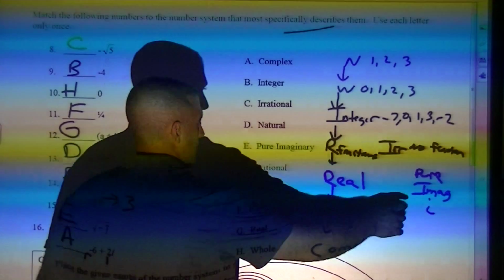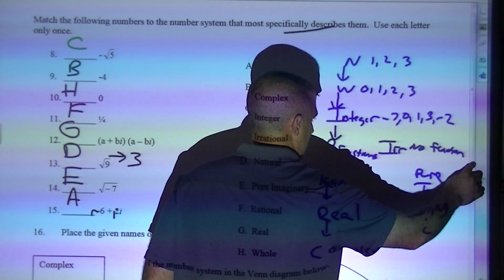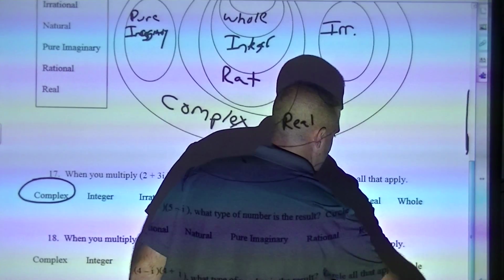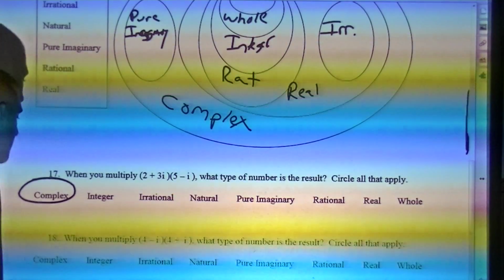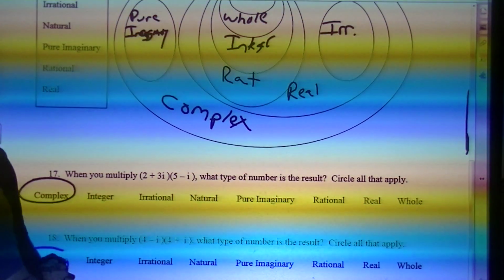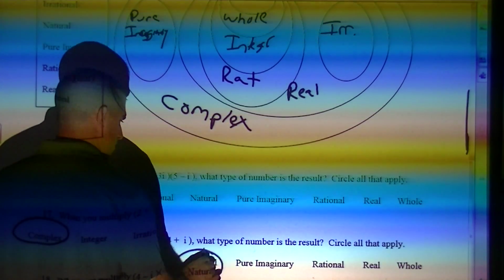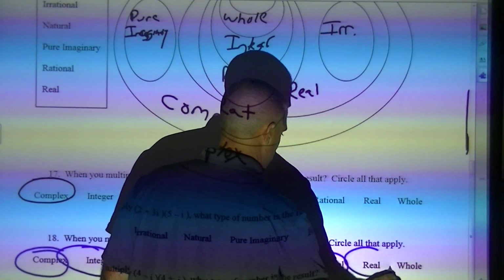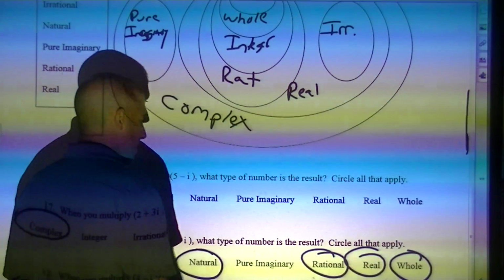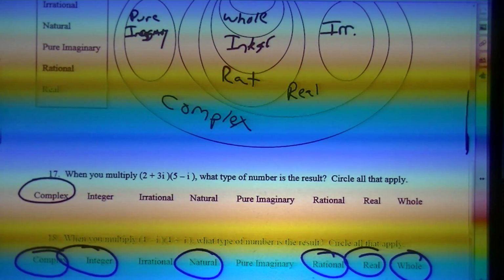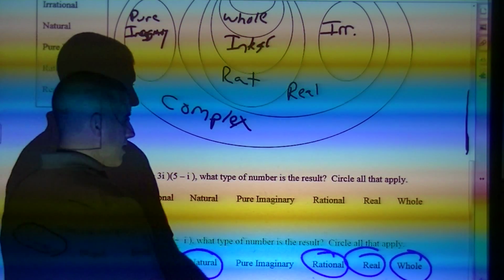So it's all of those. The only thing it isn't is pure imaginary. So technically, what I want to circle is, it's not an irrational number. It's natural, not a pure imaginary, but it's rational, real, and whole. So make sure you pick as many of those that apply.